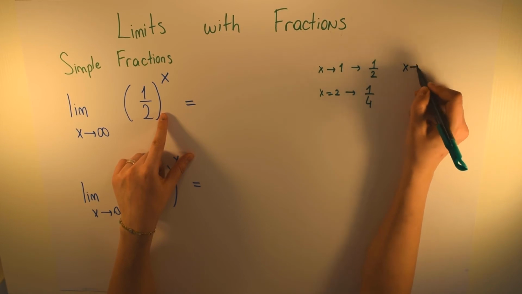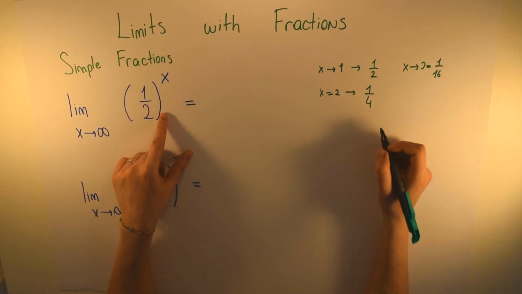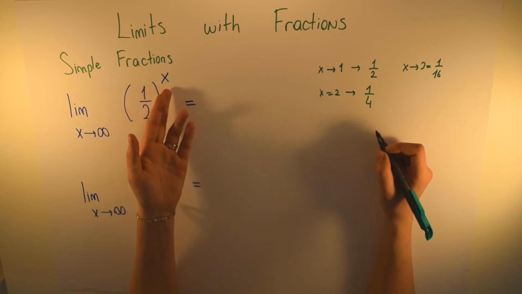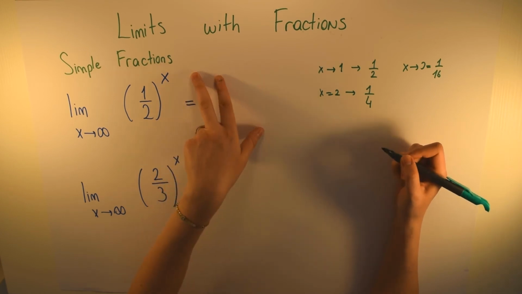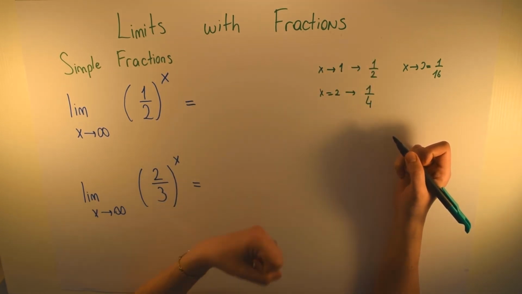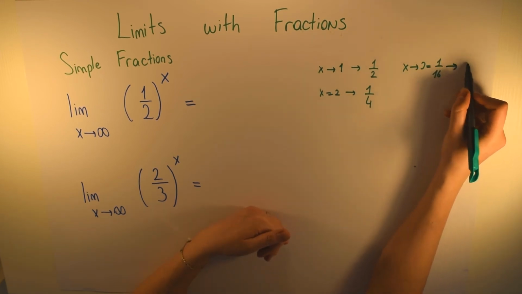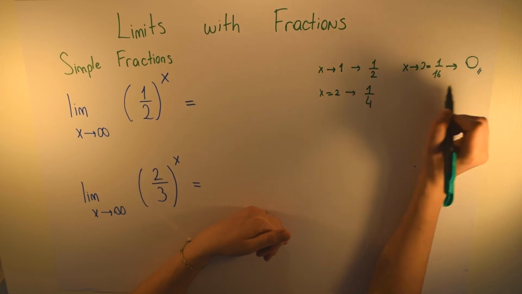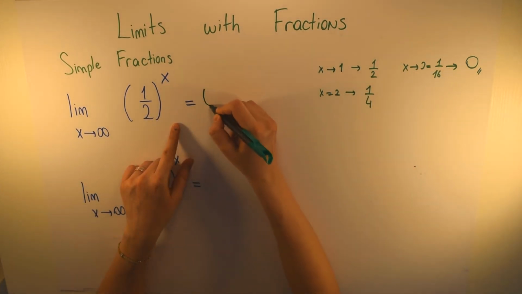When x is equal to 3, it's equal to 1 over 8, right? As you can see, as our exponent gets bigger and bigger and gets closer to infinity, the value of the fraction gets smaller, and it approaches 0. That's why its limit is equal to 0.